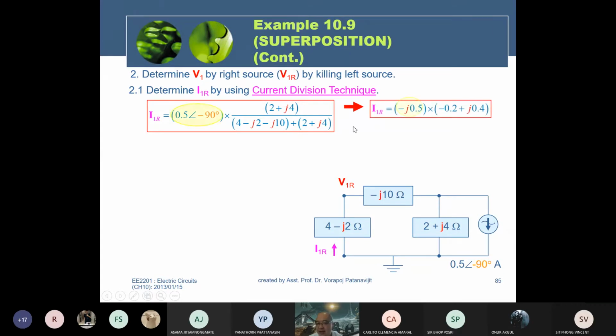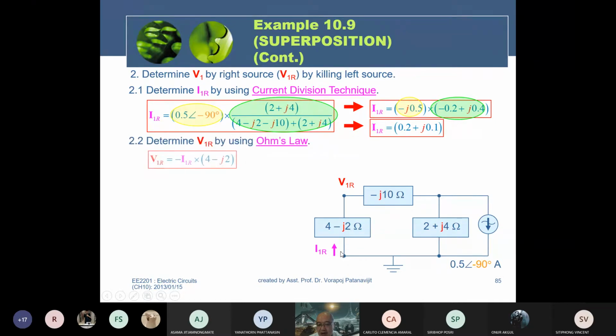To multiply them, I think you should change them to phasor form, convert them from complex form, and so on. I think you can find it. Now the current will be obtained. But the voltage that you assume, V1R, will be in this direction. Therefore, V1R equals I1R multiplied with this impedance, right?